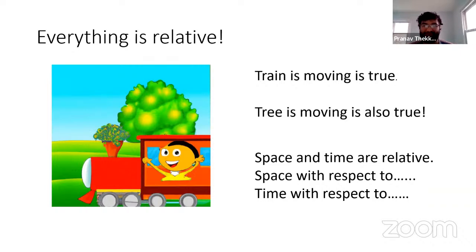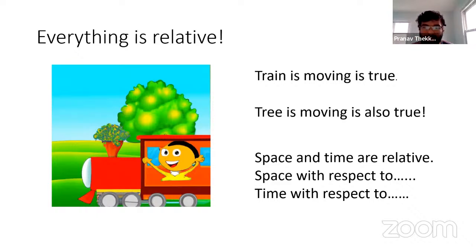One simple example I want to give is this kid, and let's say there's a parent along with the kid who's traveling in the train. The kid is sitting in the train, so the kid is not moving. What is moving is the trees outside the train. As the train moves, the kid sees that the trees are going back, and says, "Oh, look, the trees are moving."